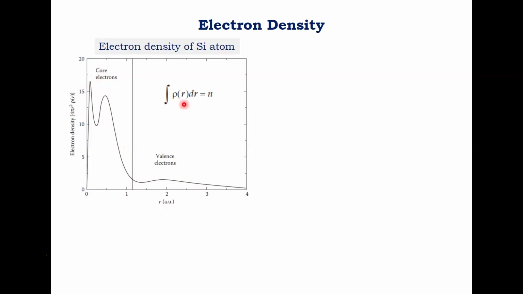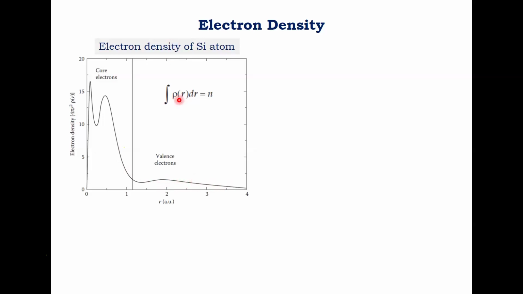The silicon atom's electronic configuration is 1s2, 2s2, and some 2p electrons. So 1s and 2s are basically core shells. These are sharply peaked, and these are core electrons. Whereas the valence electrons, the outermost electrons, are diffused. They are not sharply peaked. They are flat in nature.